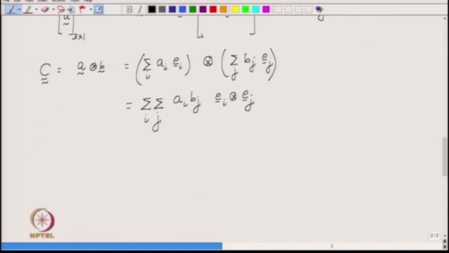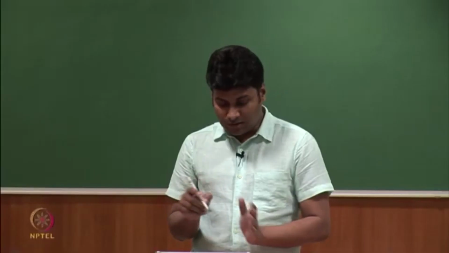Now, contrast this with the vector representation. For a vector, we say A is equal to summation over i A i e i, with i going from 1 to 3, because it has 3 basis vectors e 1, e 2, e 3. For second order tensors, the basis vectors are these quantities e i tensor product e j, not just e 1, e 2, e 3.